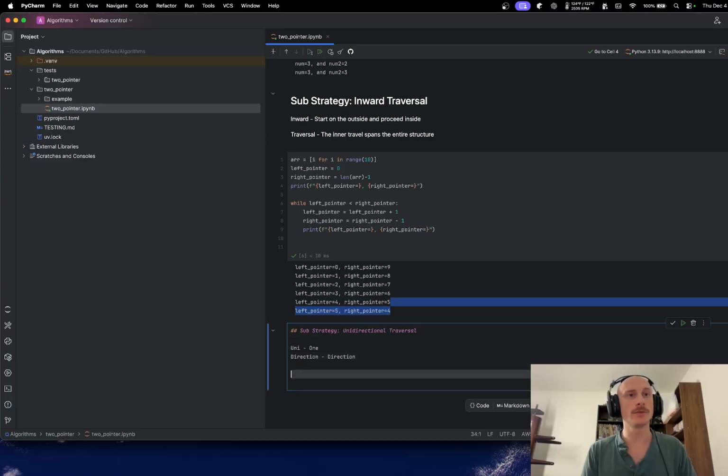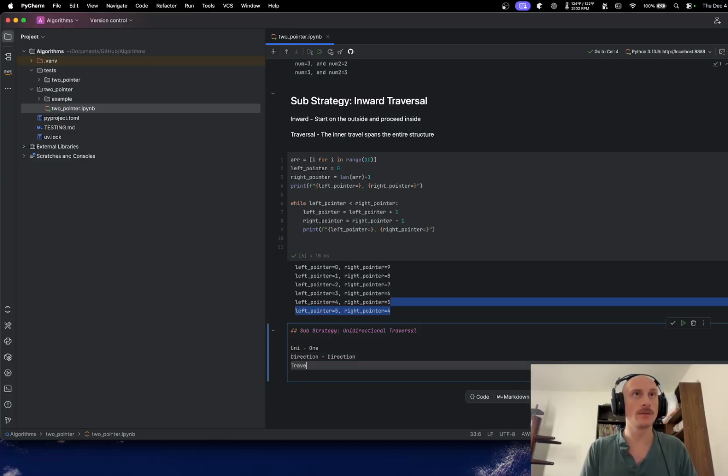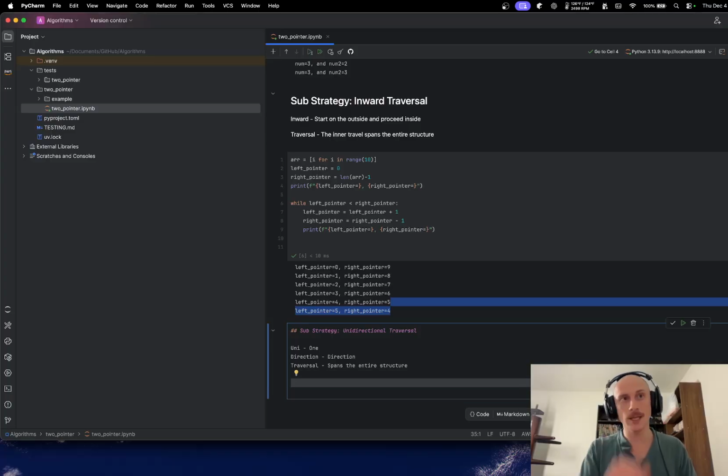Then traversal, we're going to do the same thing of spans the entire structure. So what is the way we do this?